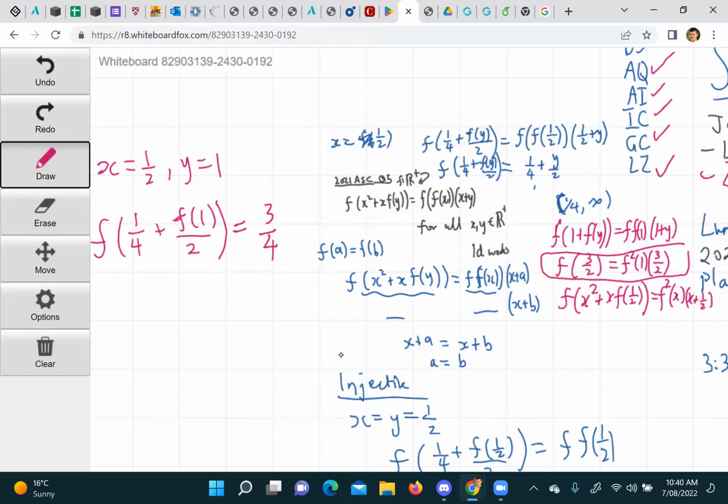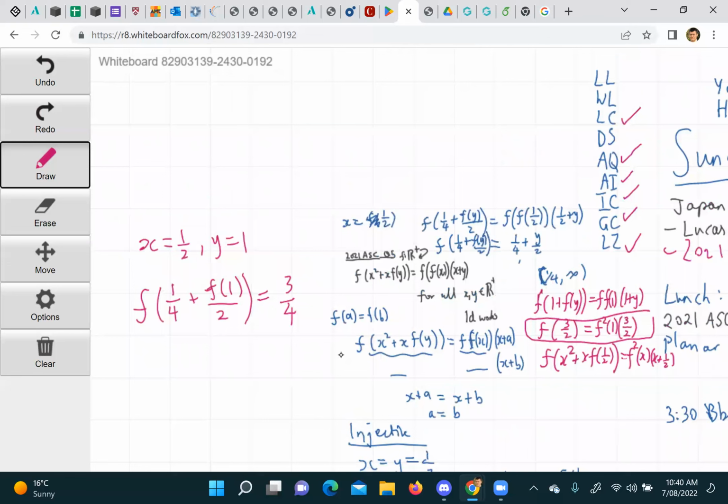You want to prove it's surjective. Wait. How is that possible? Wait. I think it's surjective. You just put x equals half.